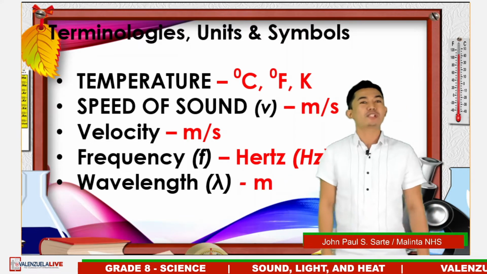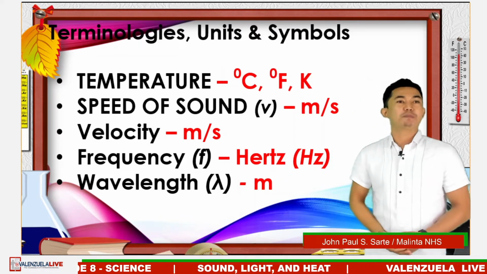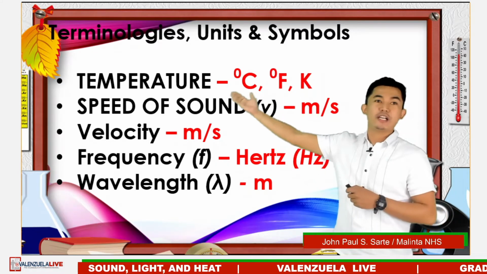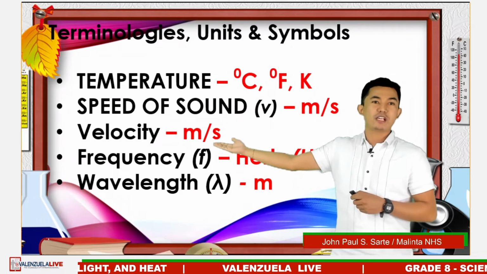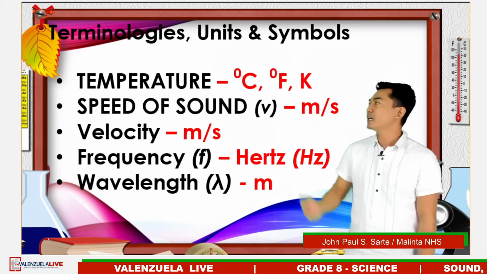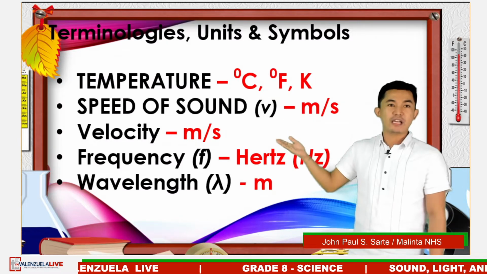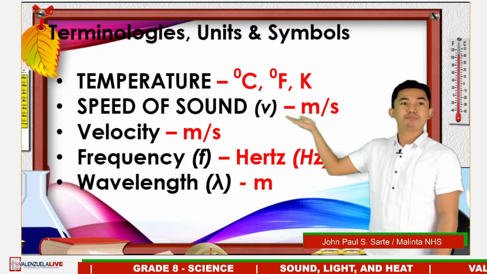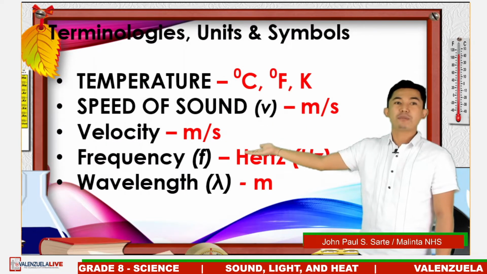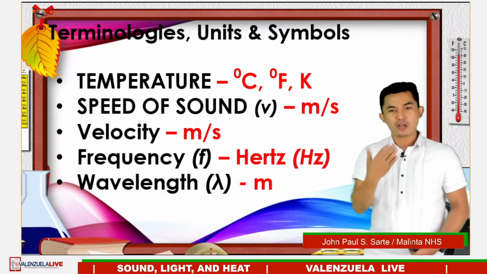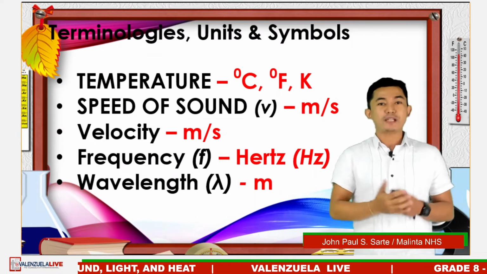Now, before we proceed to our discussion, I want you to differentiate the word speed and velocity. Sir, why do both these words have the same unit and symbol, which is meter per second? What is the difference between velocity and speed?